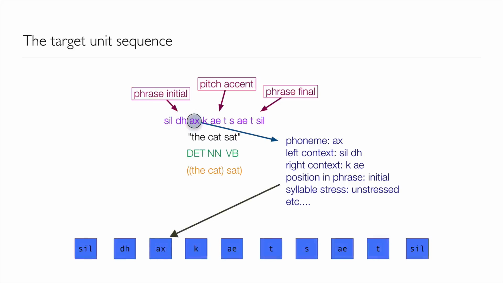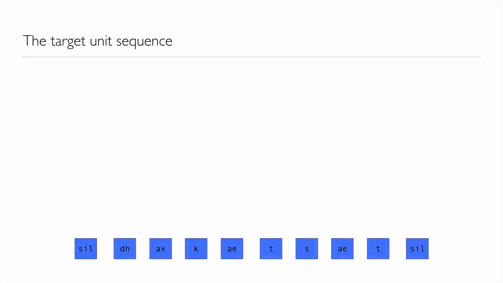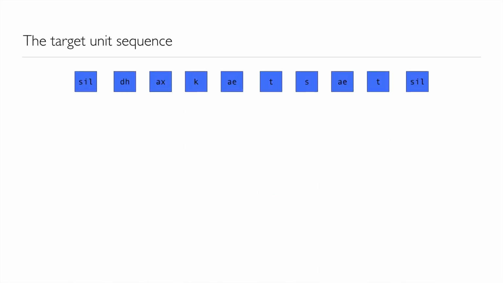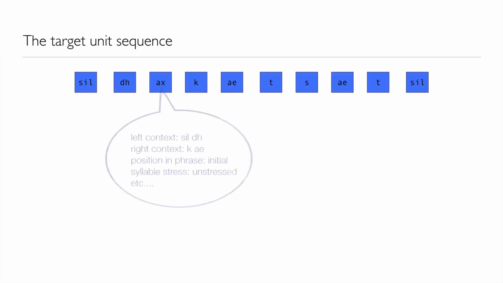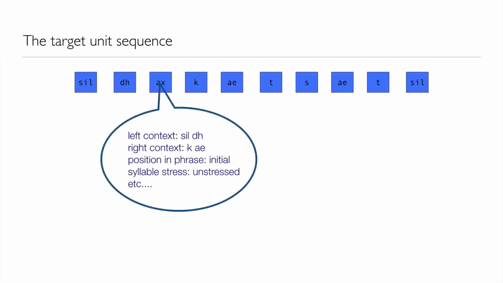And in this example, my base unit type is the phoneme. A real system probably wouldn't do that. I'm just using it to make the diagrams simpler to draw and simpler for you to understand. I'm just going to move that to the top of the page because we need some room to put the candidates on this diagram later. What we have in this target unit sequence then is a linear string of base unit types, and each of those is annotated with all of its linguistic context.